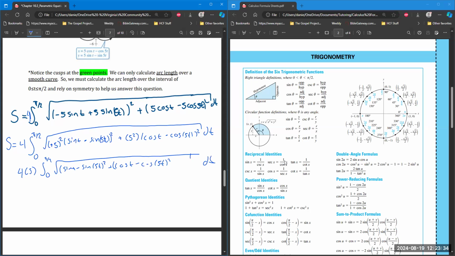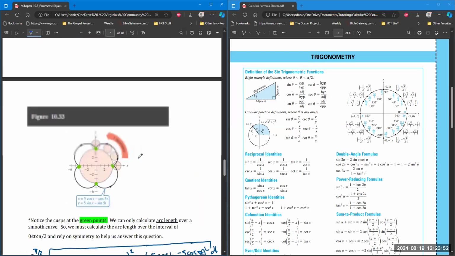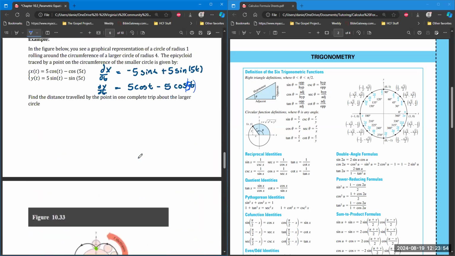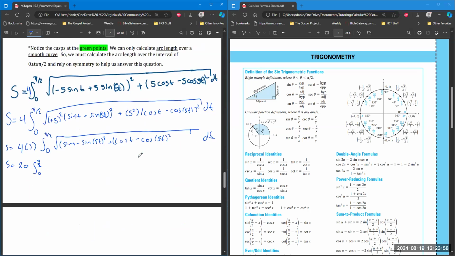All right, now here's where it's going to get real big real quick, but we're going to have some Pythagorean identities that are going to help us. So s is going to be 5, integral from 0 to pi over 2 of, let's just make sure I haven't missed anything. Nope.